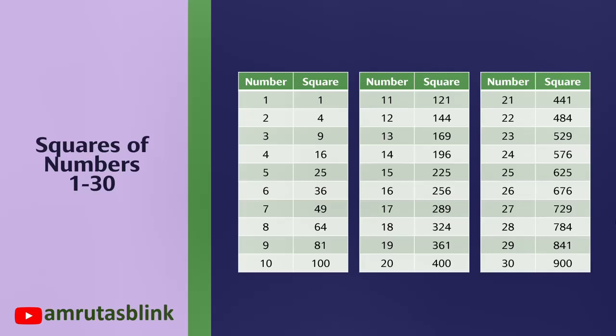Now 21 square is 441, 22 square is 484, 23 square is 529, 24 square is 576, 25 square is 625, 26 square is 676, 27 square is 729, 28 square is 784 and 29 square is 841, whereas 30 square is 900.